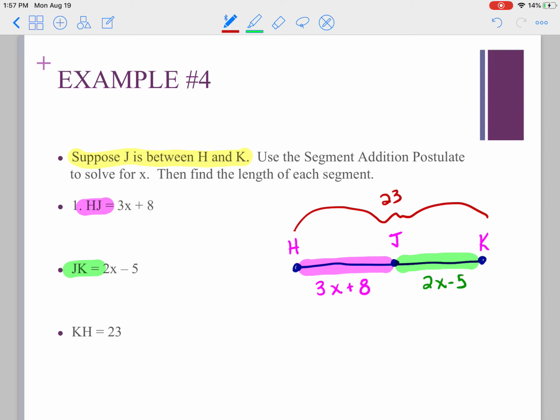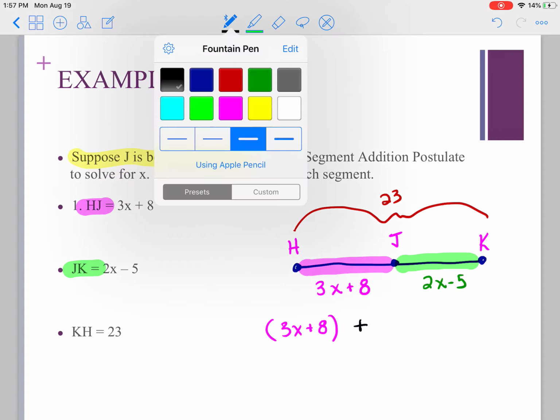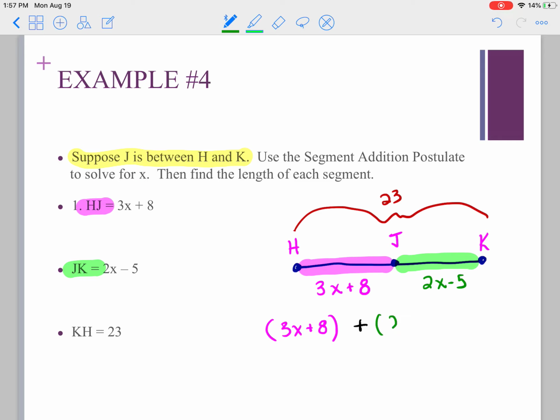Using the segment addition postulate, we are going to take the first portion, 3x plus 8, plus, because we're taking the pink portion and the green portion, the two smaller segments, and we're going to add them.